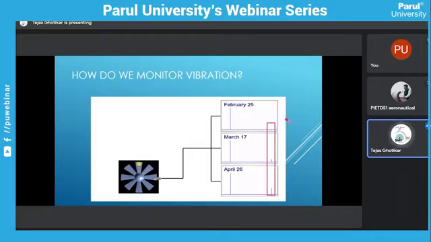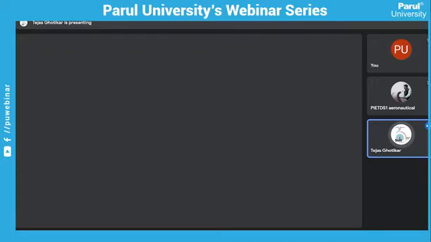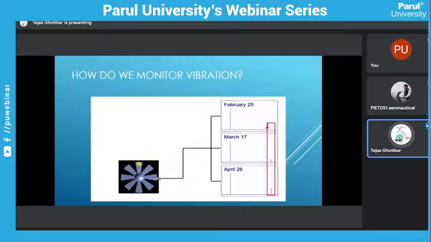If you figure out vibration at an early stage, just by oiling, applying some grease, putting shafts in proper alignment, or doing some balancing work, the system will be perfectly fine, and the cost of maintenance will be very low.